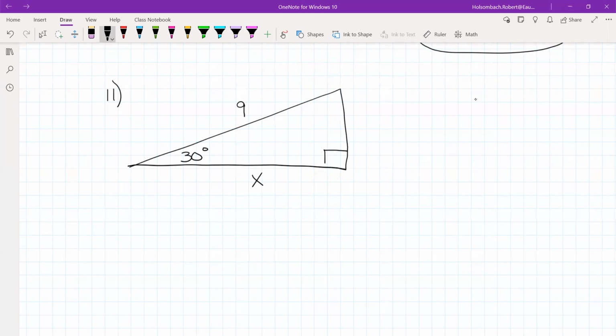Cosine again. Cosine 30 over 1 equals the adjacent side x over the hypotenuse, which is 9. So 1 times x is x. Cosine 30 times 9 is 7.79. So that's 7.8.